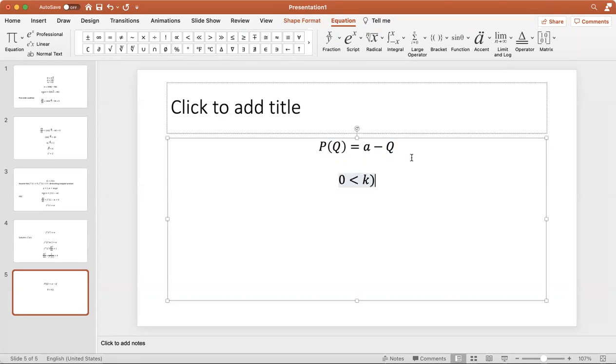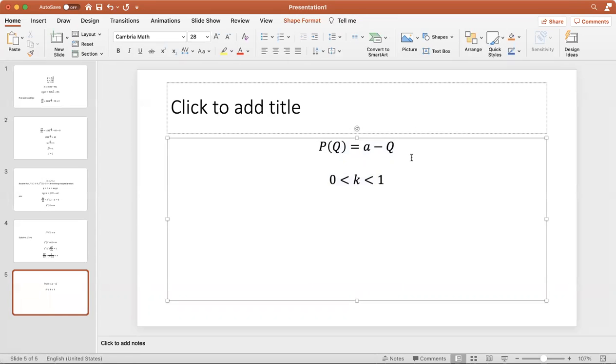By the way, this K refers to the average cost, or the unit cost of producing Q. Normally, this sort of simplifies things. If you have a unit cost that's a constant, it also implies that your marginal cost is constant.